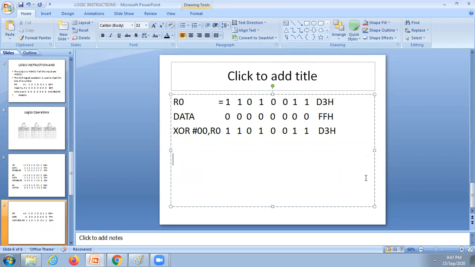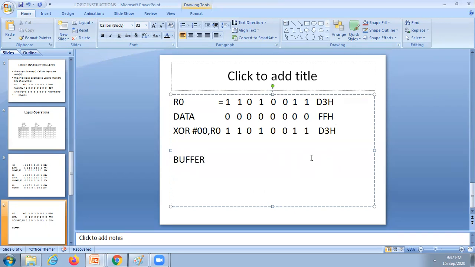If you give 0 as the immediate input data for the XOR operation, you will get the same data. It is like a buffer operation.